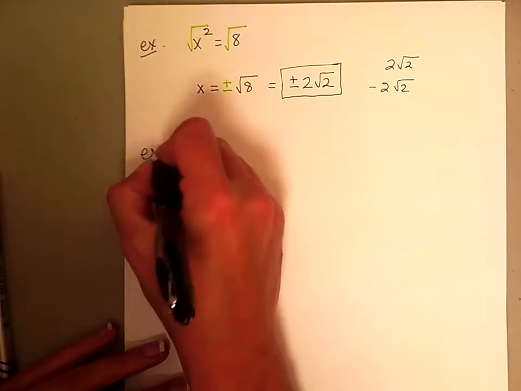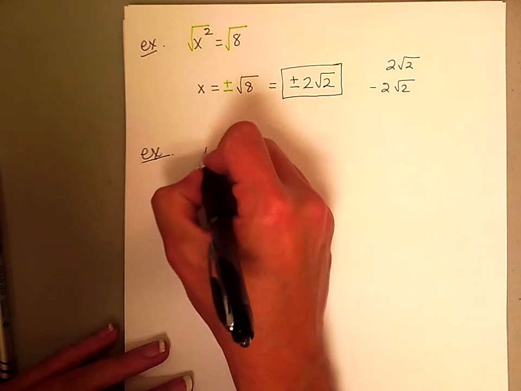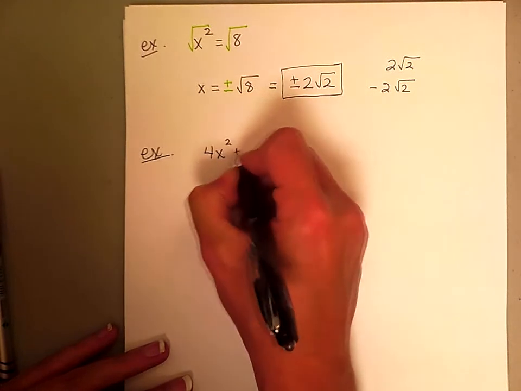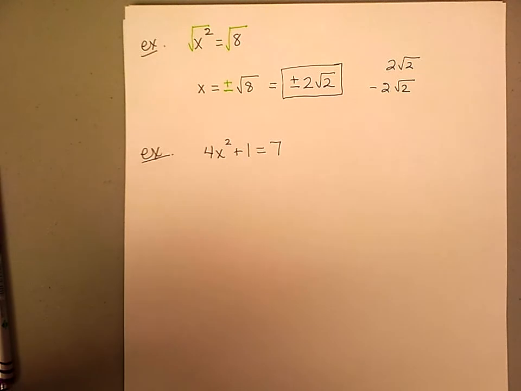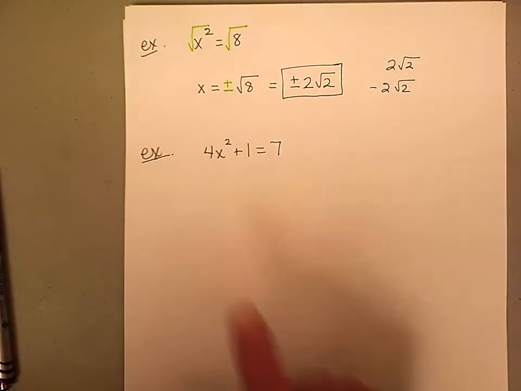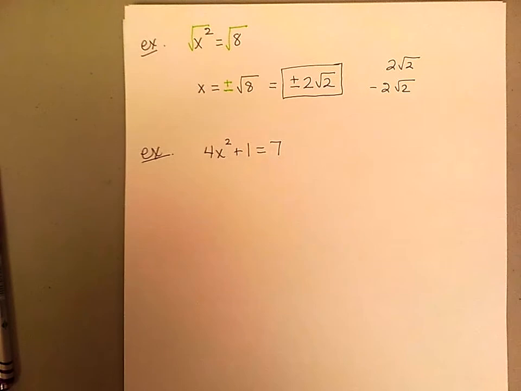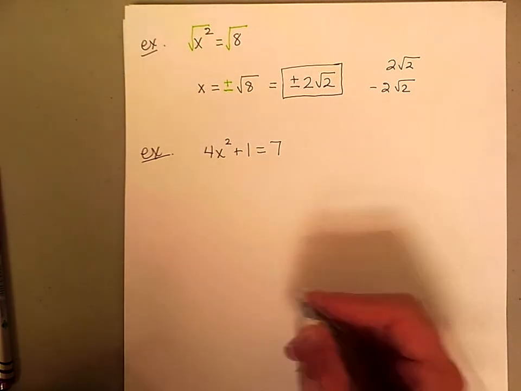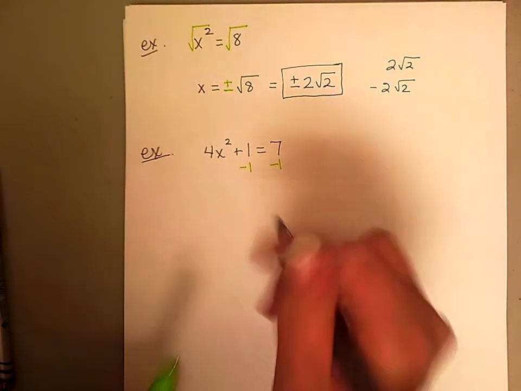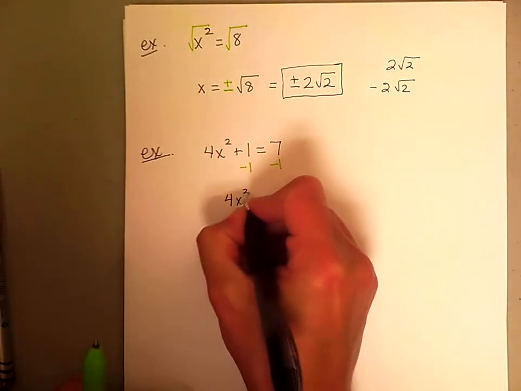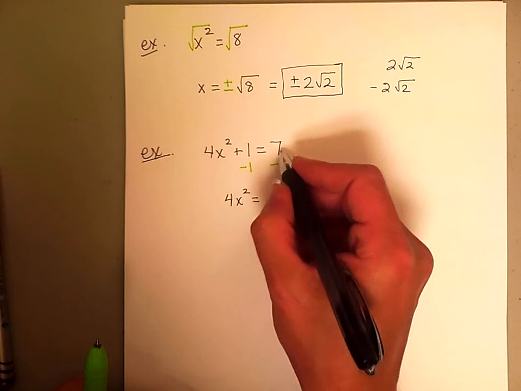We could also do things like 4x squared plus 1 equals 7 using this method. All we would have to do is isolate this x squared, right? Get it by itself. So if we subtract 1, 4x squared then is equal to 7 minus 1, which is 6.